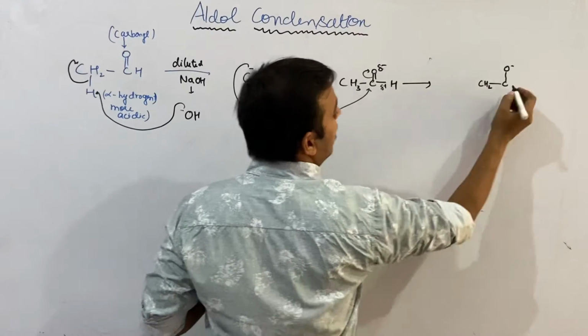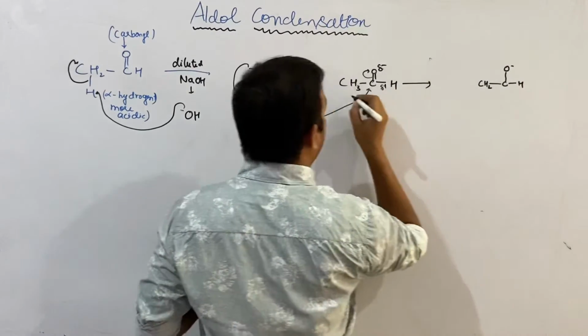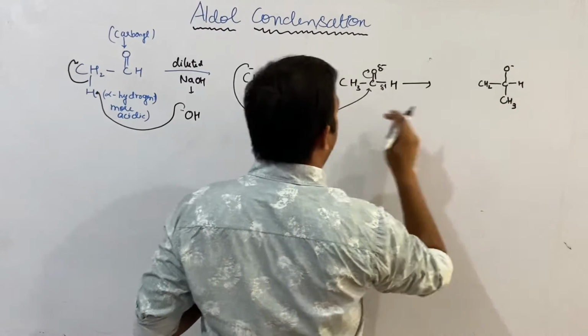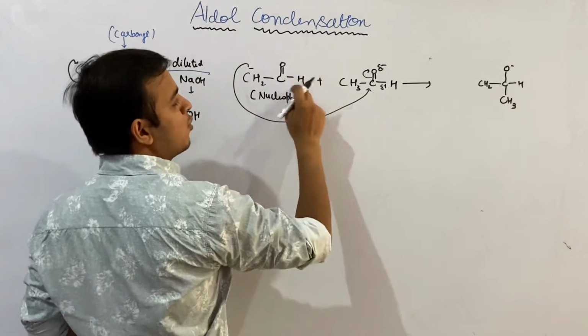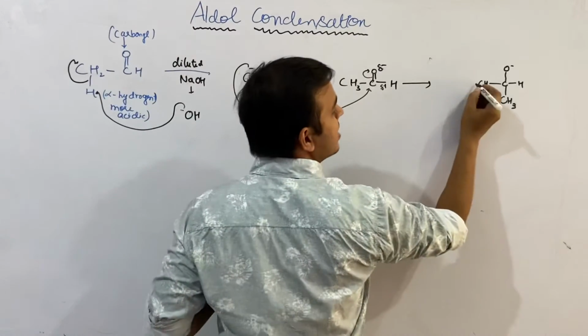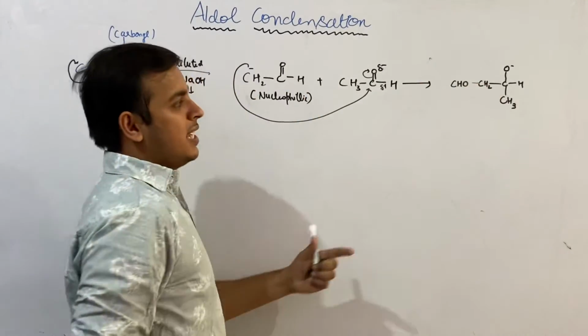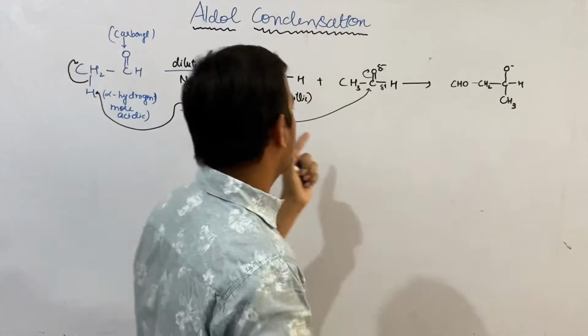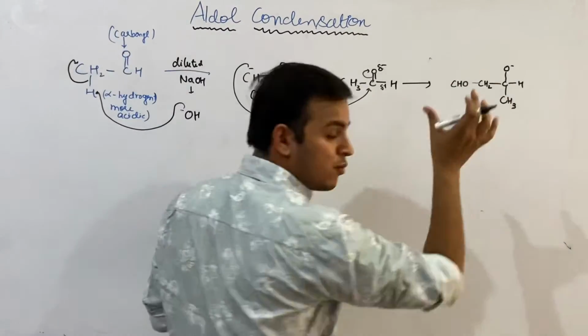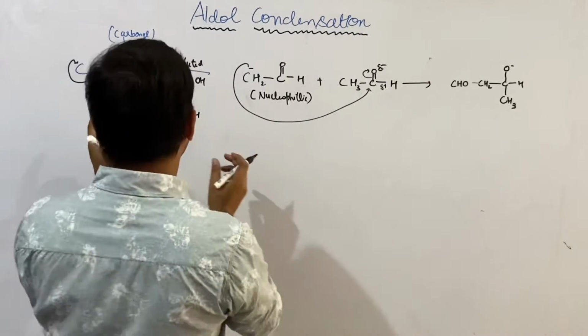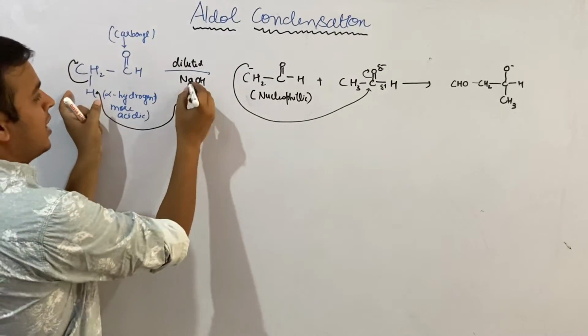It has hydrogen attached, and another CH3 is attached. To that CH2, the CHO aldehyde group is bonded. This is the new species that forms after the attack. Then in the same solution, when this attacks a hydrogen, a water molecule is released.